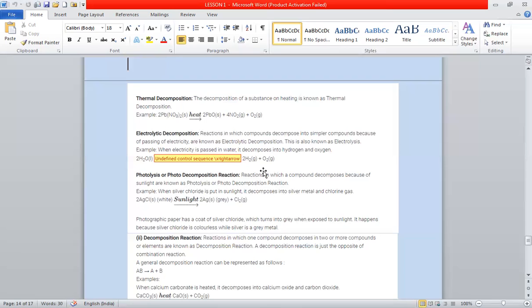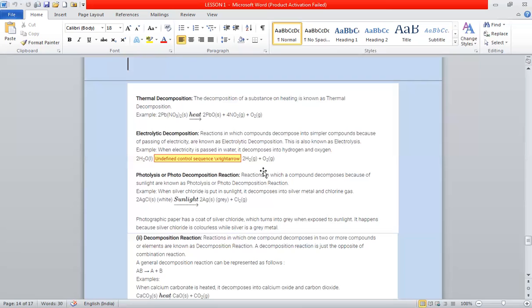When electricity is passed through this acidified water, bubbles of gases are observed at both the electrodes. These gases are collected in inverted test tubes, and the volume of gas collected at the negative electrode is double the volume of gas collected at the positive electrode, that is the anode.